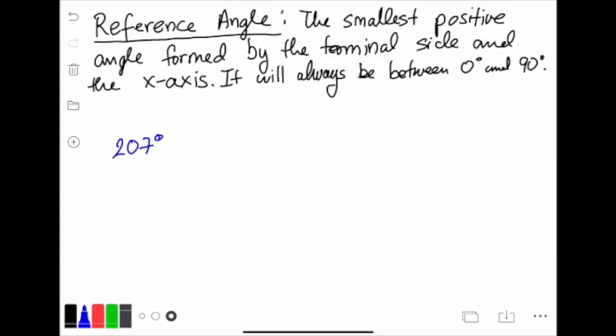Now let's take 207 degrees. What would the reference angle to this angle be? So 207 degrees would be somewhere here in the third quadrant. Notice the terminal side lies in the third quadrant. So, taking a look at the definition of a reference angle, the only angle that makes sense is this angle right here. And that's actually, again, a very easy angle to calculate.